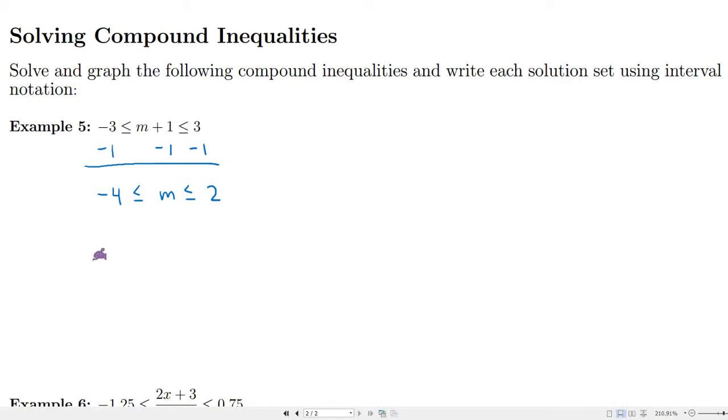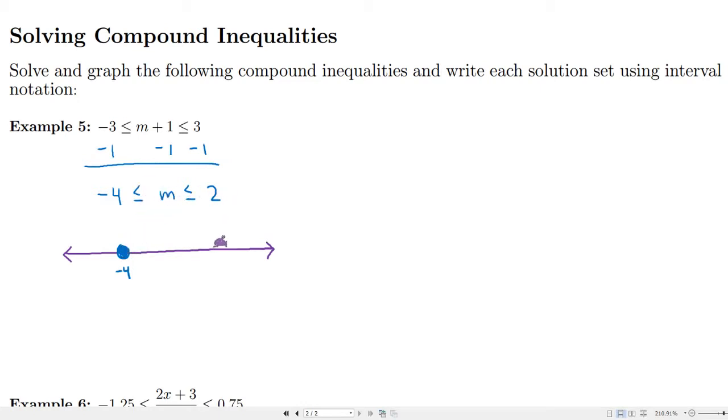So you know what? Let me switch to a purple real quick to draw the number line. Okay, so we'll draw the number line. Okay, switch back, and what do we get? Okay, so -4. And are we going to fill this in? Well, yes, we're allowing to include that.